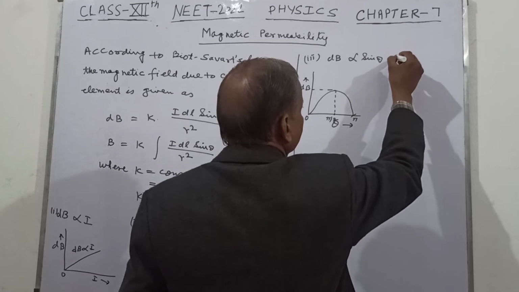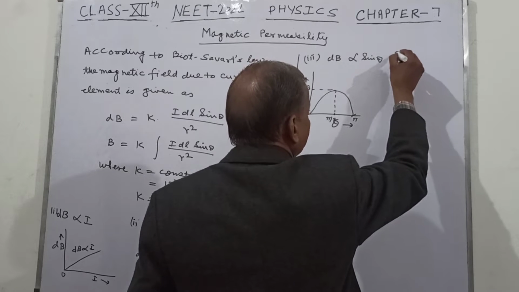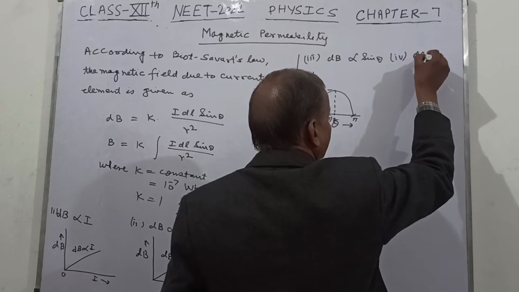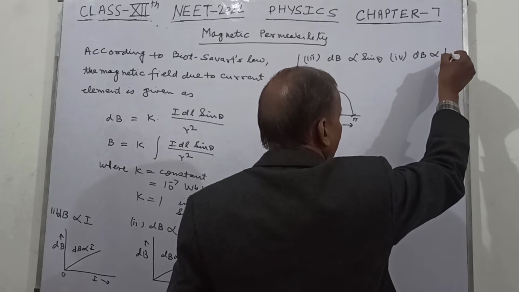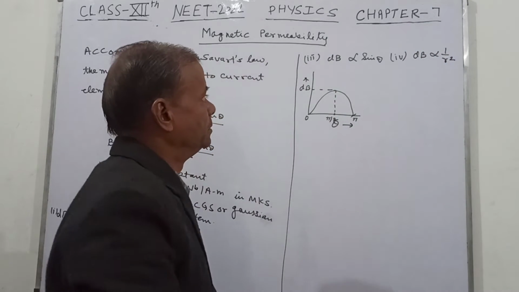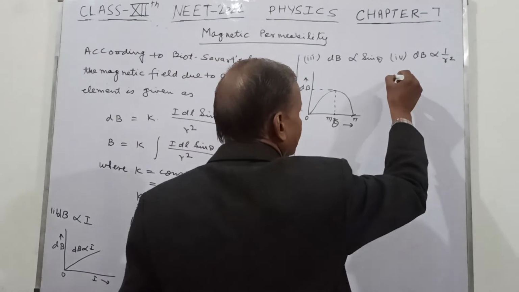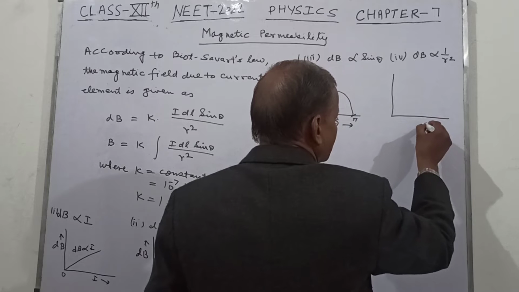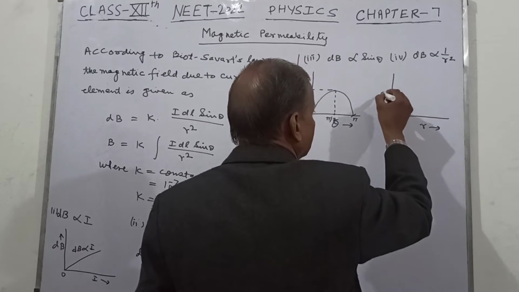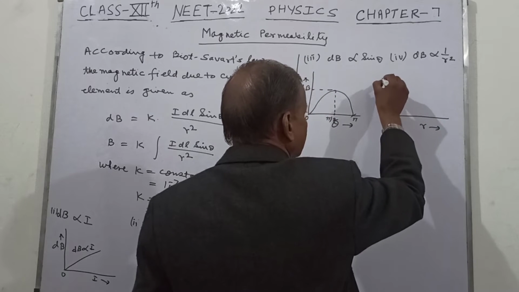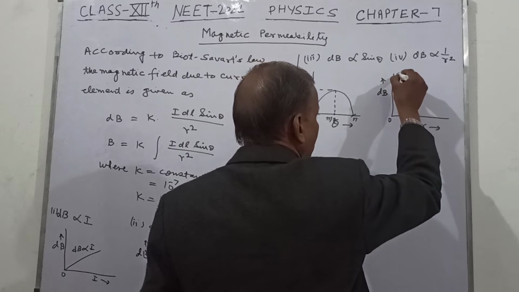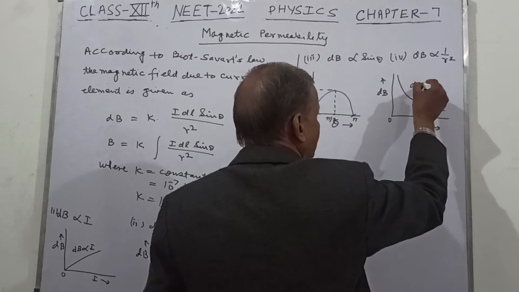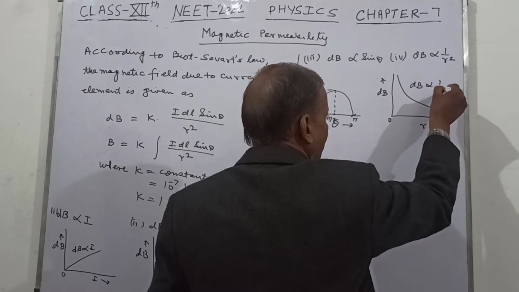And now dB proportional to 1 upon r square gives a curve like this.